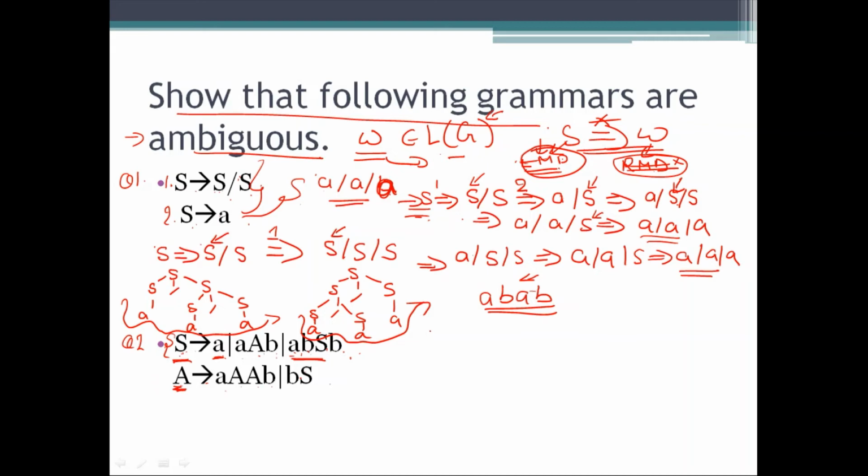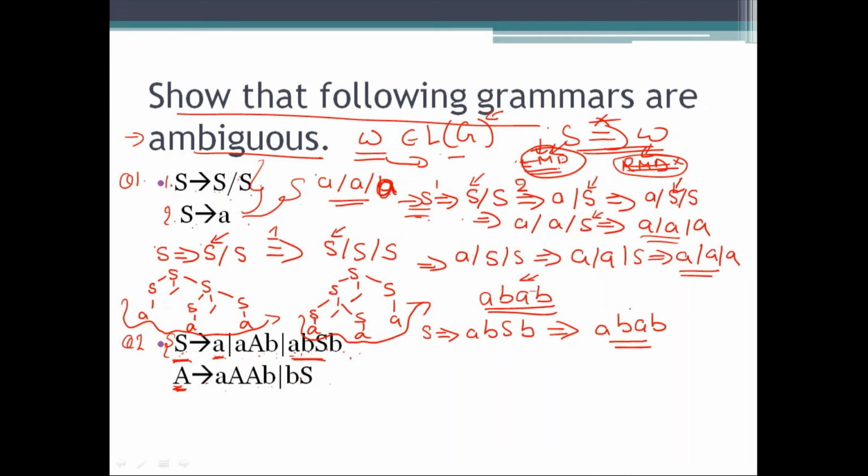So let us try. First is directly visible. S is deriving what? Directly derives ABSB. Next, S is rewritten as A, so we can write it AB.